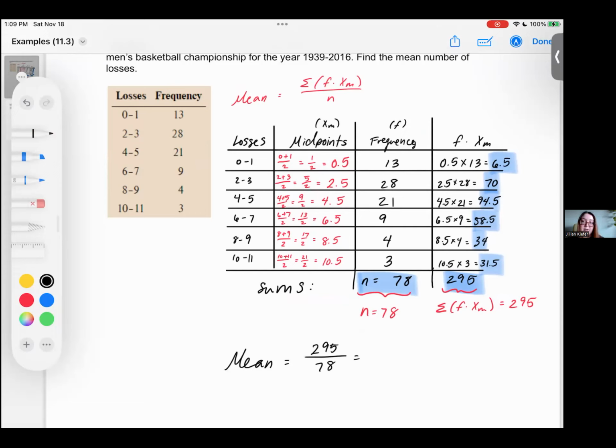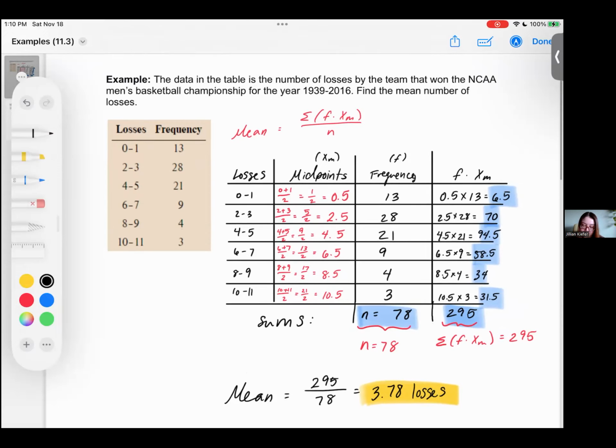So we'll divide 295 by 78 and round to 2 decimal places. This should be 3.78 losses. So almost 4 losses is going to be the most frequent in this case, a little bit more than 3 there. So, all right, that's how we compute the mean of grouped data.